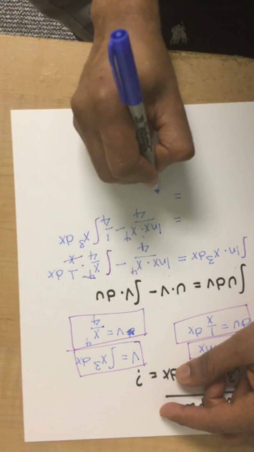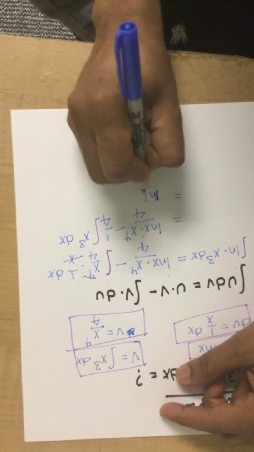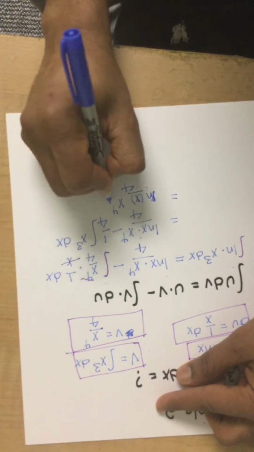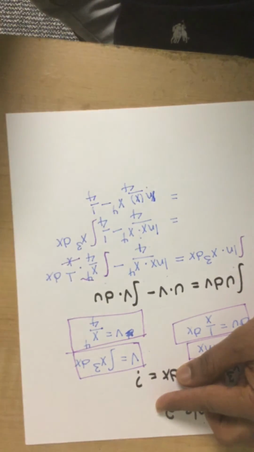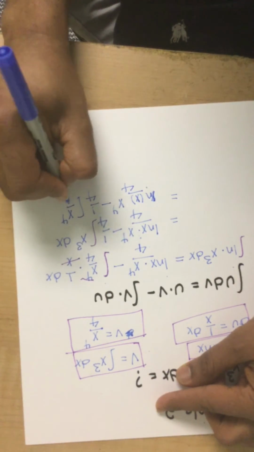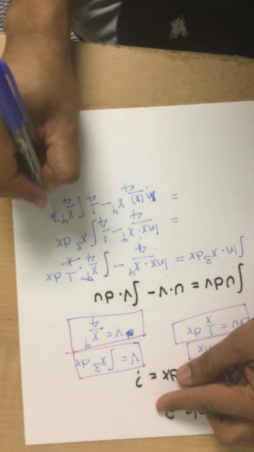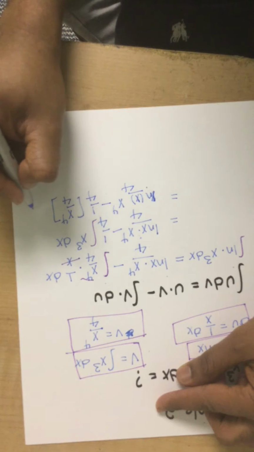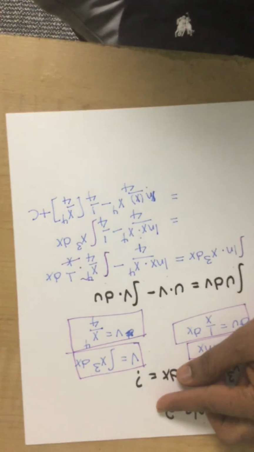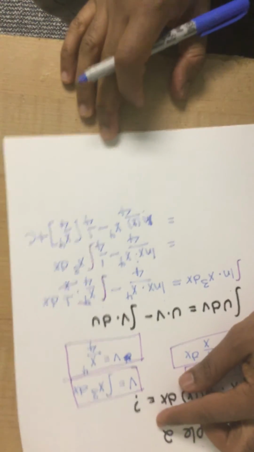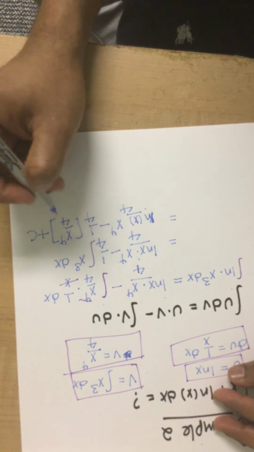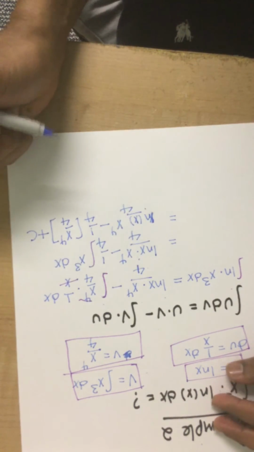All right, ln of x times x^4 over 4 minus 1 over 4, and the integral of x cubed is x^4 over 4, plus c, and this can be our final answer as well, but if you want we can isolate the common factor out and rewrite it again.